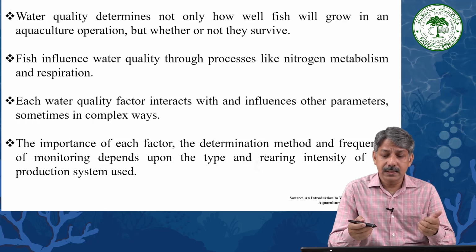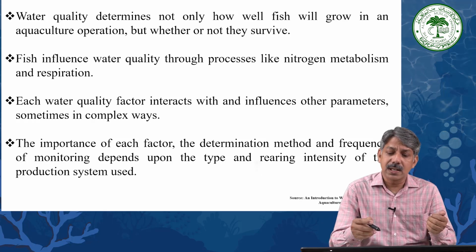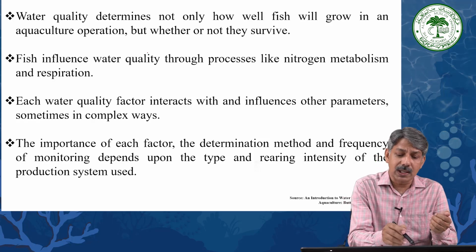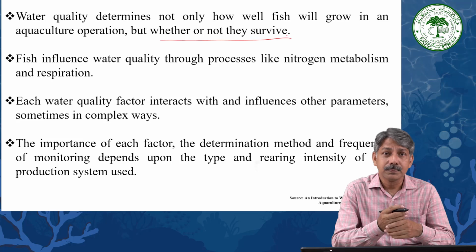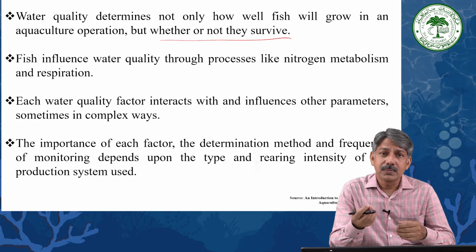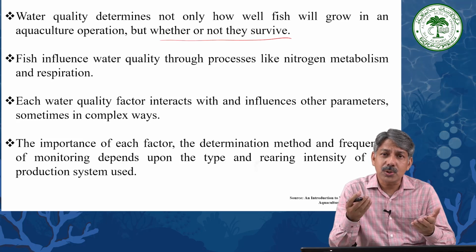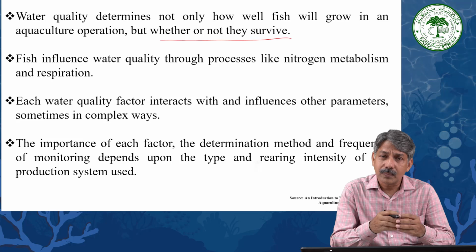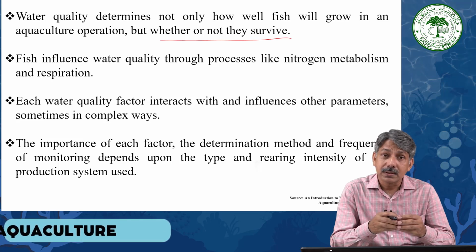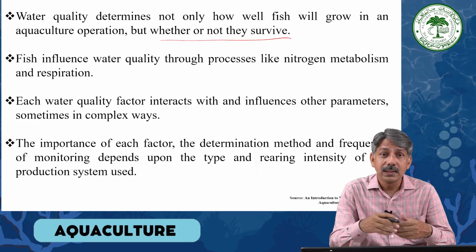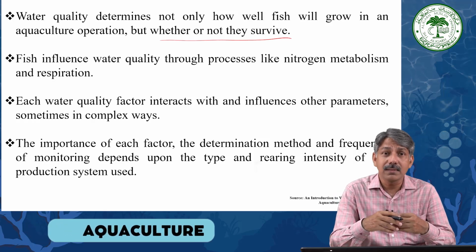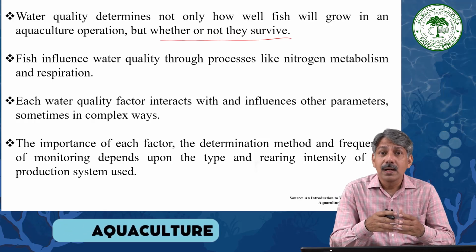Water quality determines not only how well fish will grow in an aquaculture operation, but whether or not they survive. For example, if pH goes down drastically, what will happen? That may lead to acidosis. Or if it goes beyond a limit on the upper side, alkalosis may occur.